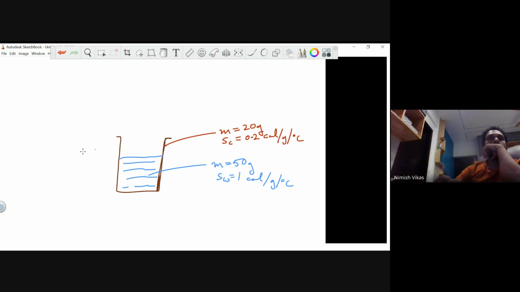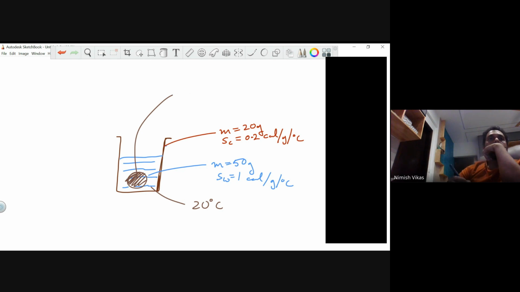Now generally you will be dropping some kind of metal in it, which was having a certain M, certain S, and certain temperature, and it will come to an equivalent temperature later on. Let me do it that way itself. Earlier, the temperature of the whole setup was 20 degrees Celsius.